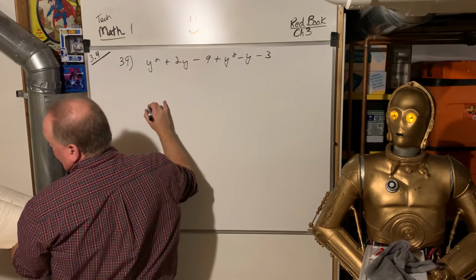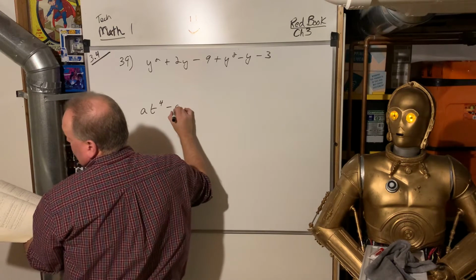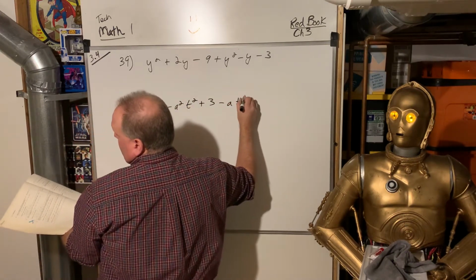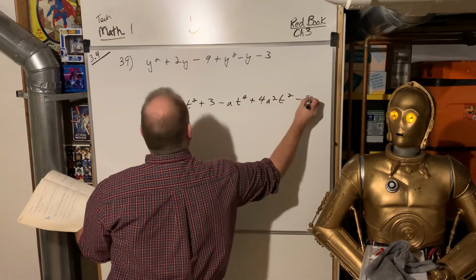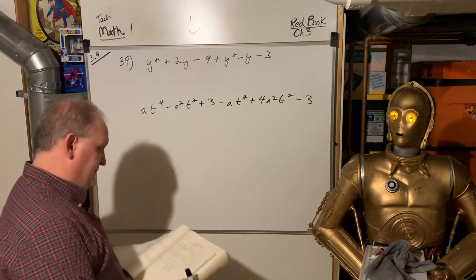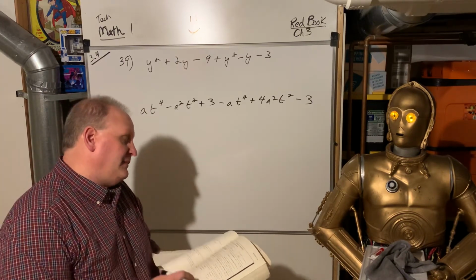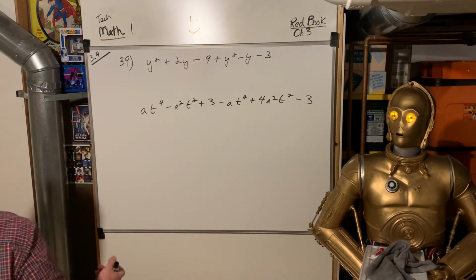And they have AT4 minus a squared t squared plus 3. It's AT4 plus a squared t squared minus 3. All right. So we're just going to combine up like terms. We're just combining like terms here. And we'll put it in descending order.